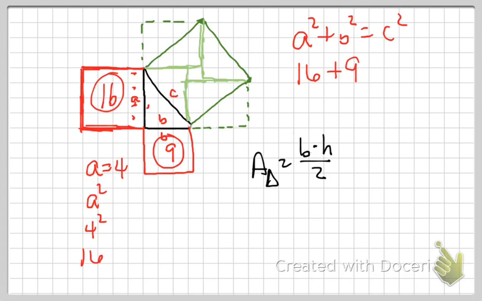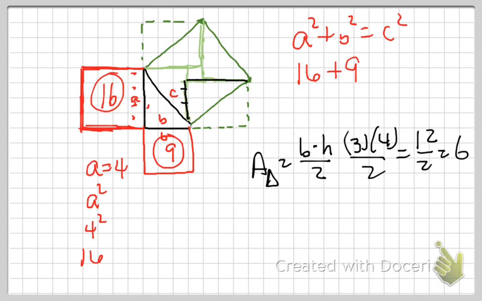Alright, so here is my base, and it has 1, 2, 3. Then if I go the other way, 1, 2, 3, 4. And then I'm going to divide by 2. So 12 divided by 2 is 6. So this area is 6.